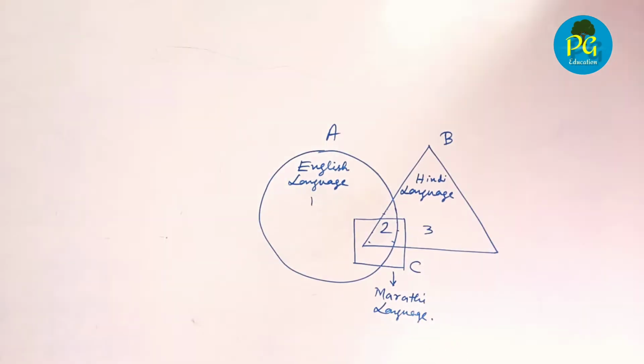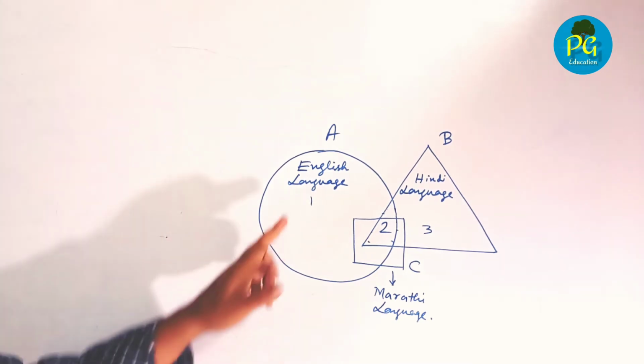Now if I ask you, which number speaks English, Hindi but not Marathi? Can you say? Here you look. No such number is there which can speak English, Hindi but not Marathi. Why?